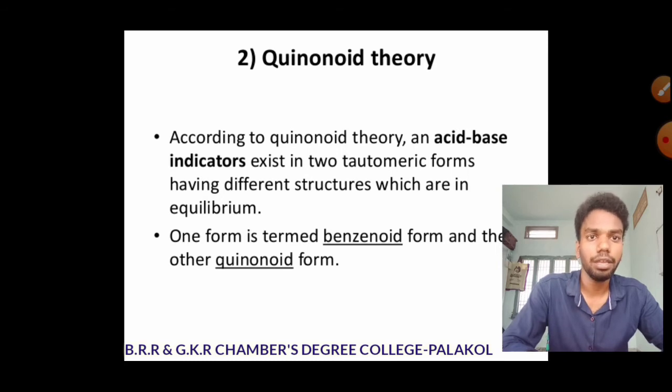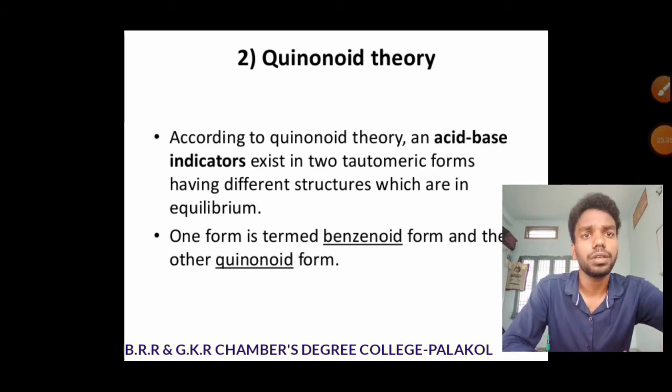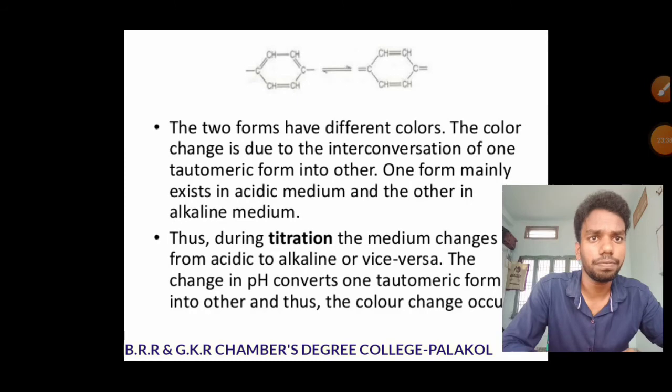What are they? The benzoyl form and the quinoide form. If you see the top, the first form is the benzoyl form, and the second form is the quinoide form, into which it can be rearranged.